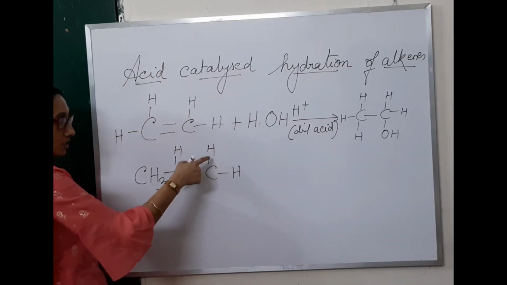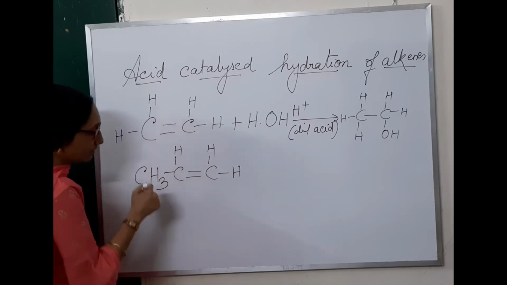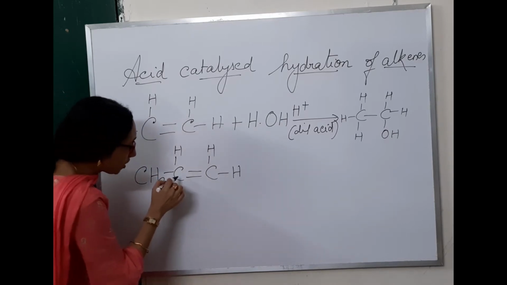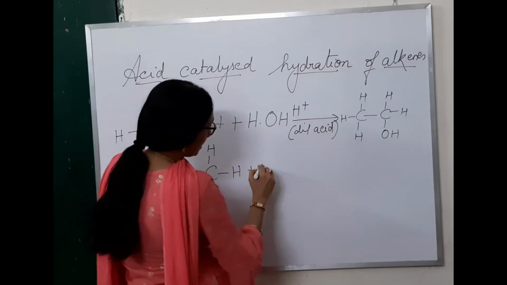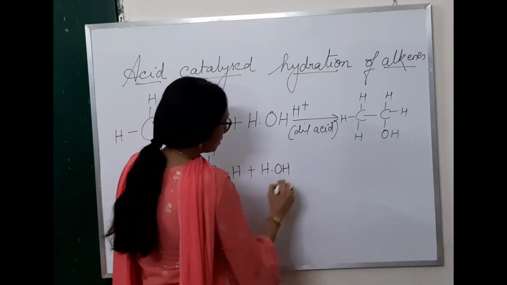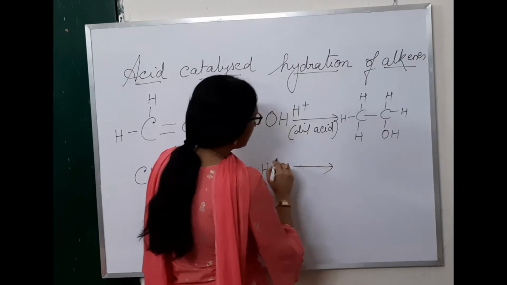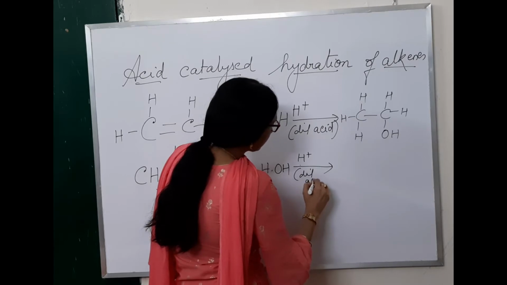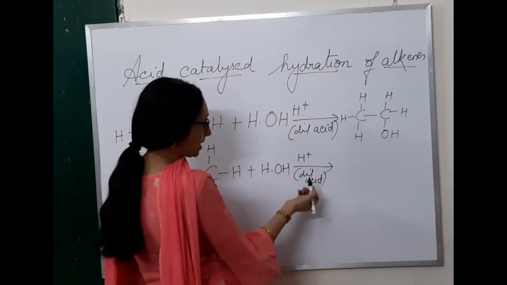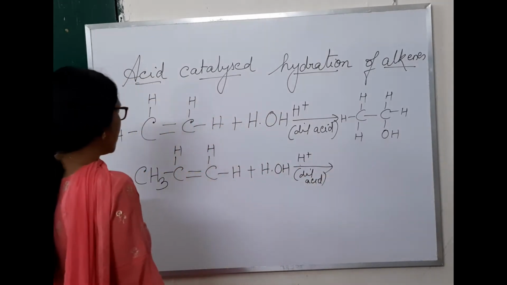Now this is not a symmetrical alkene, this is unsymmetrical because the environment of this carbon and this carbon is different. Plus water in the presence of dilute acid. Here I have written H+, so this is representing acid.